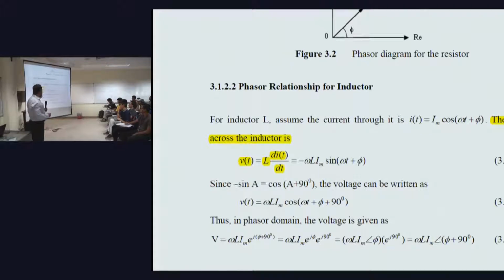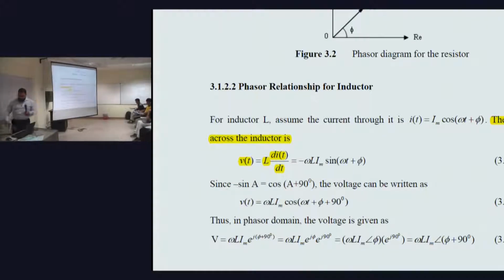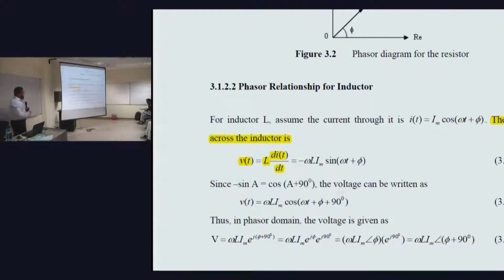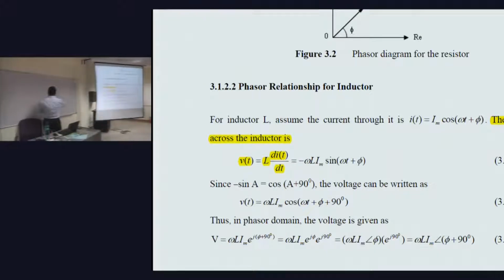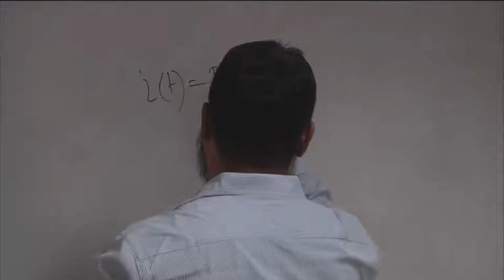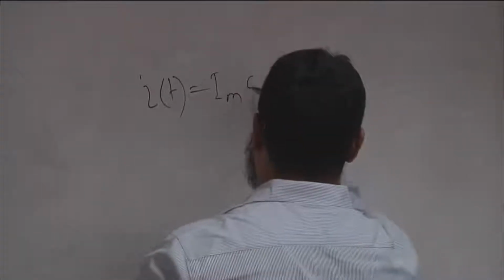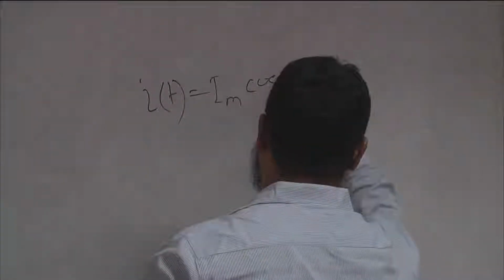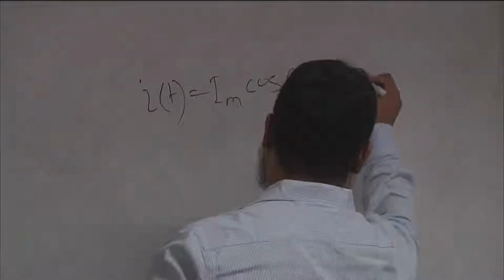Okay, so you can. The easiest way would be to convert this into phasor form, and then you know the impedance. I'll do it on the board. The first relationship that we have for the current is i(t) is equal to Im cos(omega t plus phi).